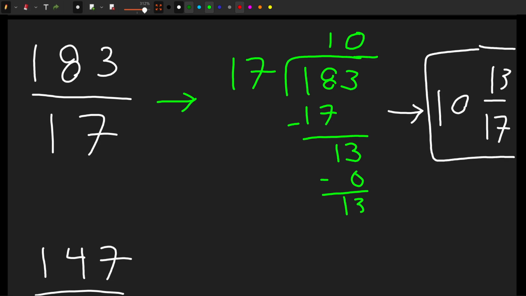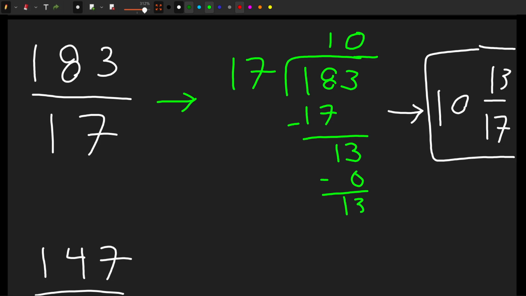Once again, the reason for that is we started with 183. We said, how many times does 17 go into 18? It goes in once. So we subtract 17, we get 1 left over, bring down the 3. At that moment, we have to deal with this 3 now. And we have to say, okay, now that we have 13, how many times does 17 go into 13? It goes in 0 times.